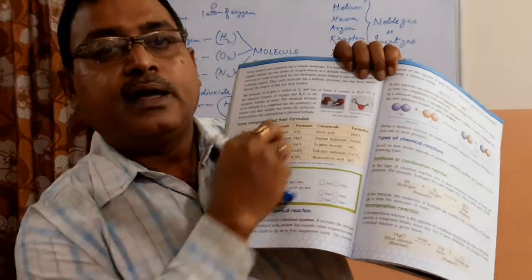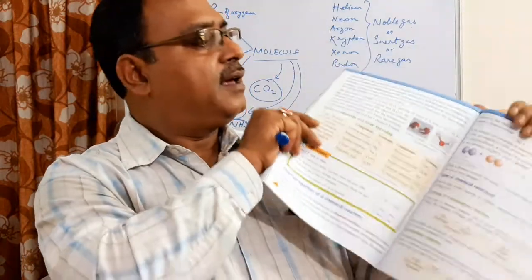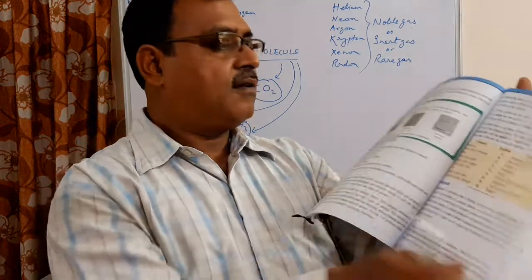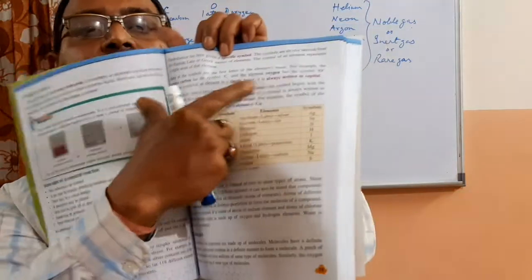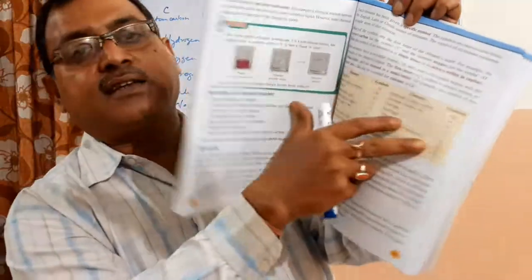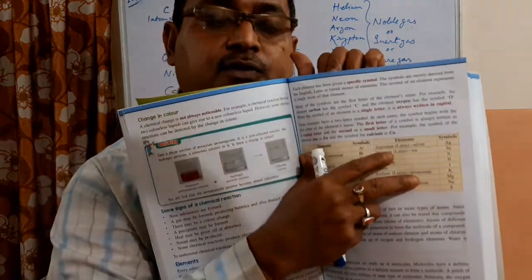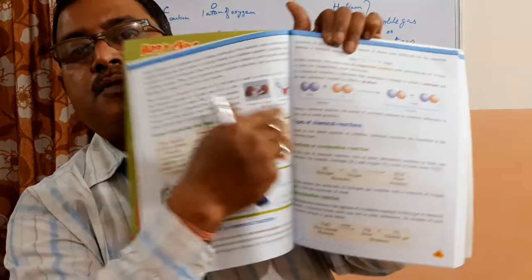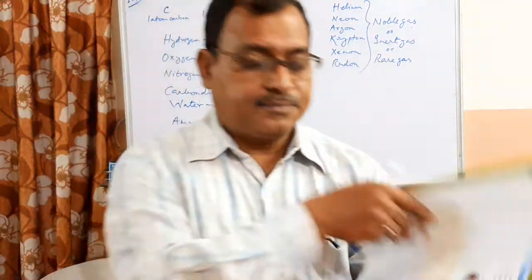You will have to write this chart in your chemistry copy and learn it. Similarly, on the previous page, you can see the names of elements and their symbols. This you have to learn. This chart you have to write in your chemistry copy on the blank page, on the white page of your chemistry copy. And similarly, this one also you have to write in your chemistry copy on the blank page and you have to learn.